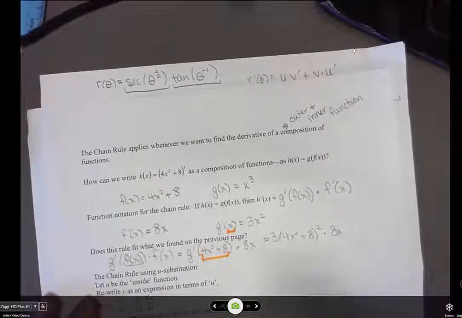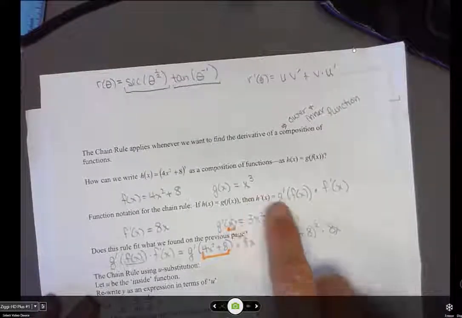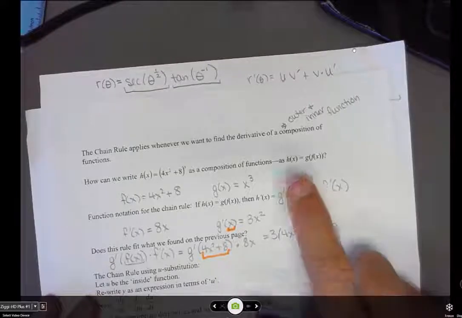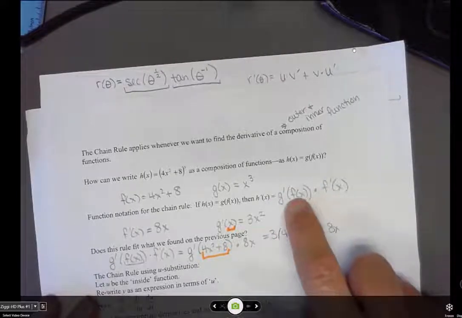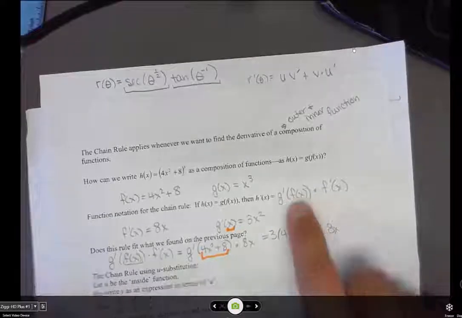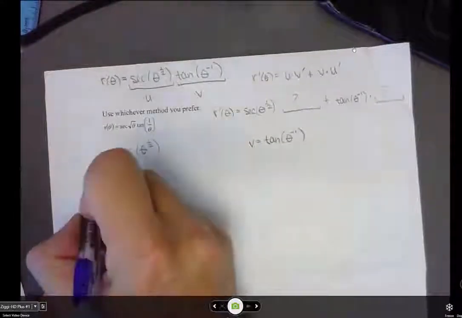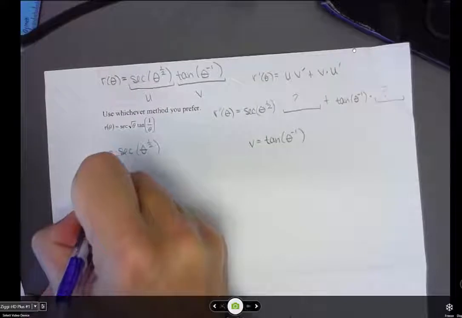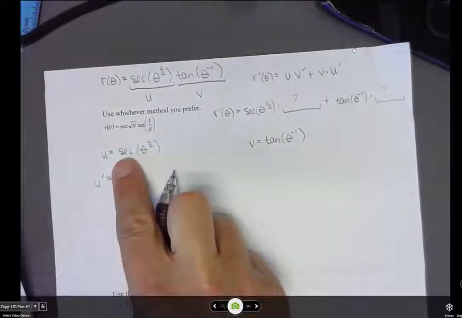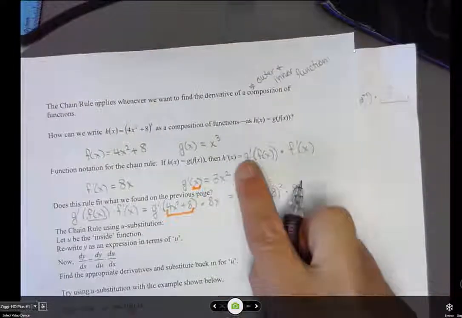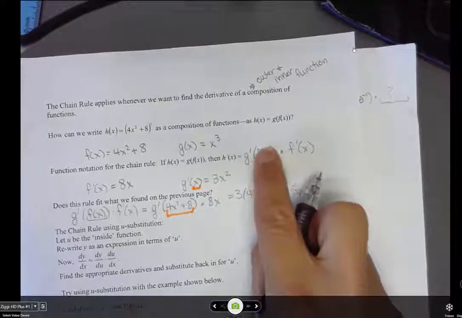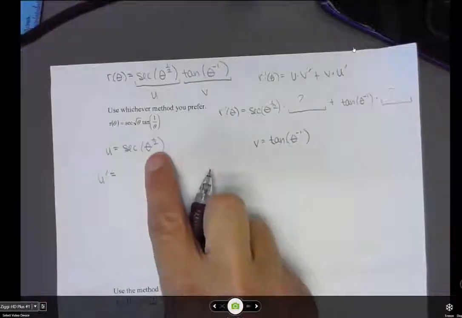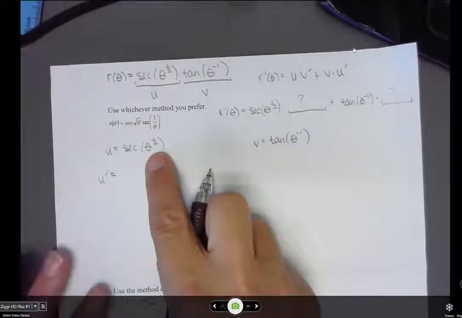The function notation says first you take the derivative of the outside function, but don't change the inside function at all. So let's do the u prime. The outside function is secant. So I want to take the derivative of secant, but leave the inside alone. So I'm leaving the theta to the 1/2 alone. And the derivative of secant, remember, is secant tangent.